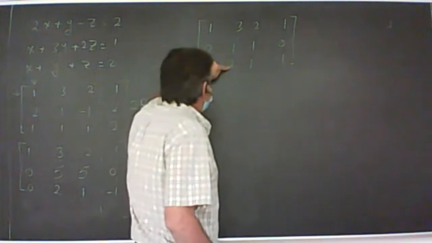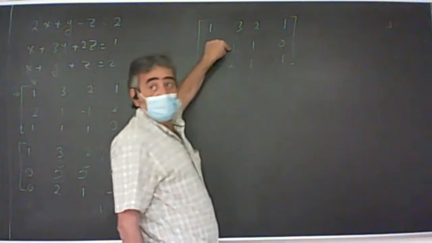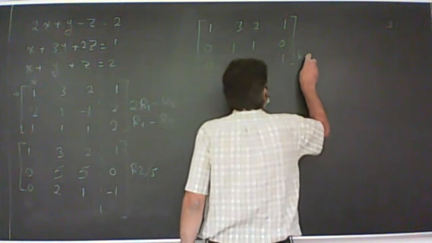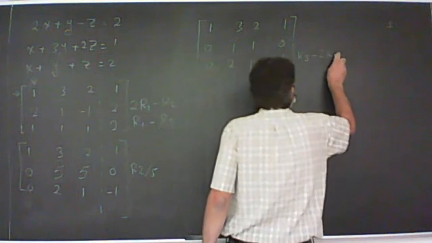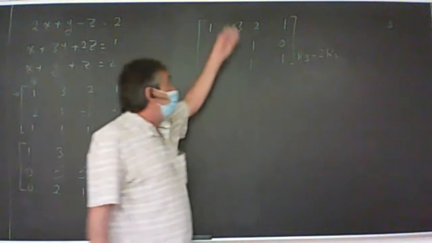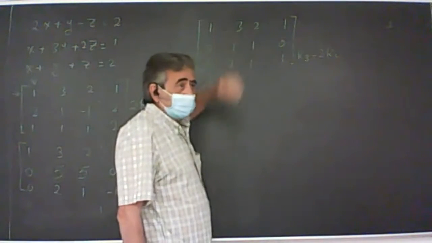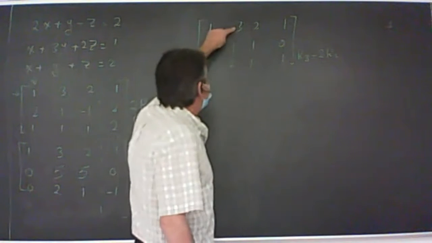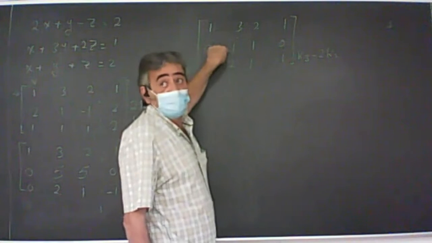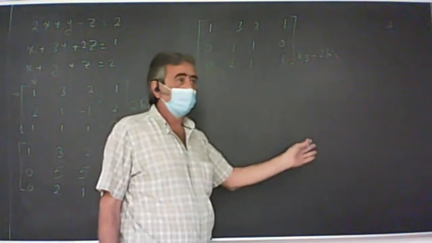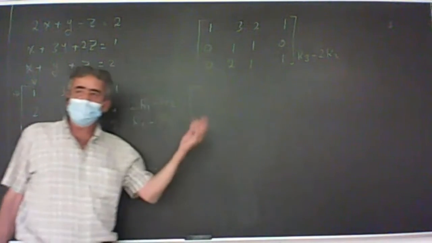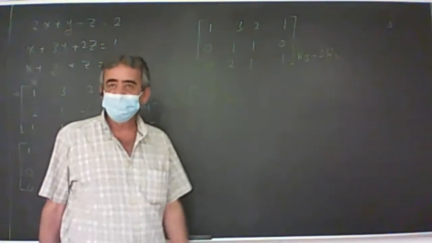Well, I can say this minus 2 times that, right? So let's write it down. Row 3 minus 2 row 2. Okay? And you can also do, if you want, row 1 as well. But I said I don't want to do all of them. But if you want to, you can make this 0 by saying row 1 minus 3 row 2. Yeah, and do both operations at the same time. But I want to do one thing at a time because I want to explain something when I get to the bottom of it. Okay.